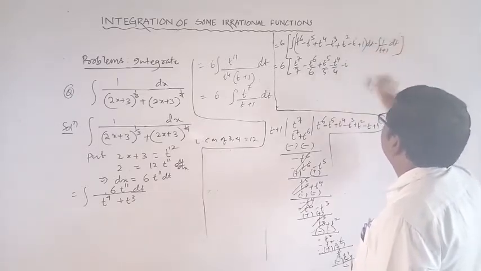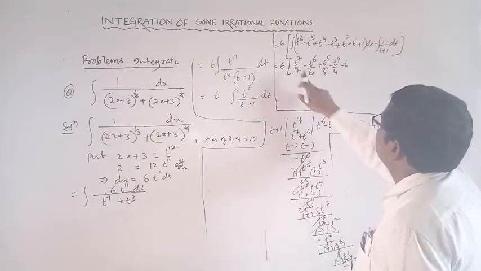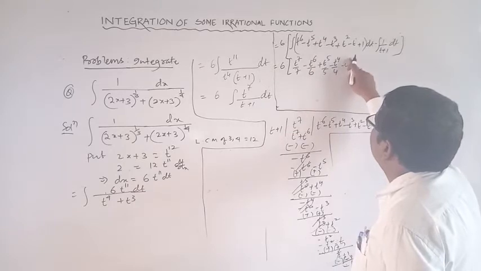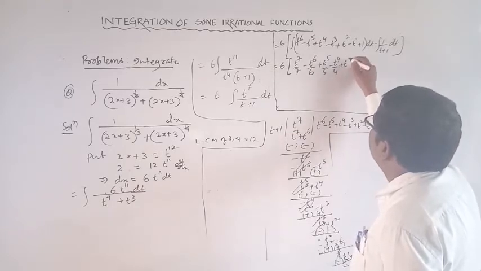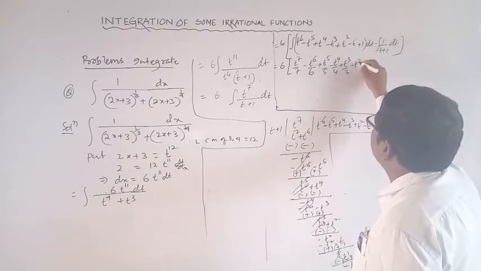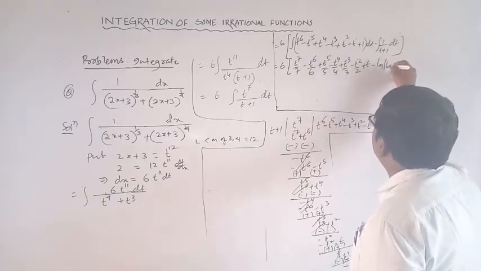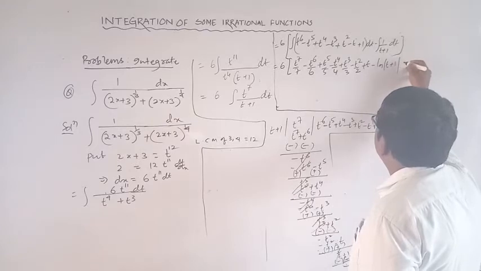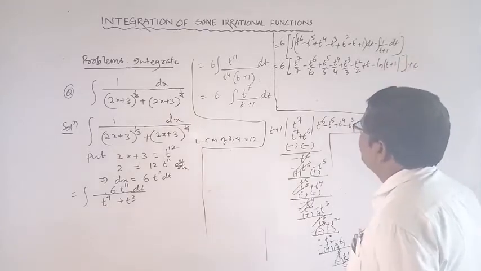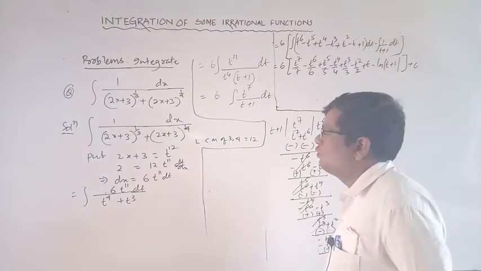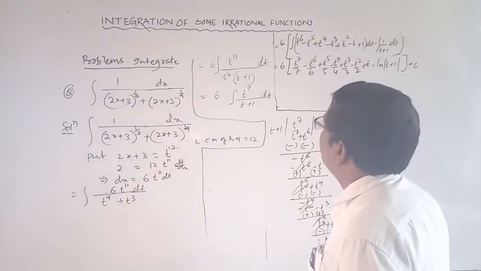This is the solution, and this is t^7 by 7, t^6 by 6, t^5 by 5, t^4 by 4, and this is plus t cube by 3 minus t square by 2 plus t, and this is log of t plus 1 plus c. Okay, now t is equal to what? t is equal to (2x plus 3) to the power 1 by 12.